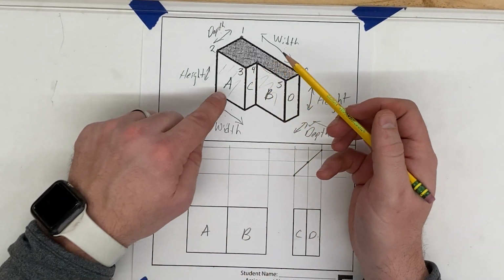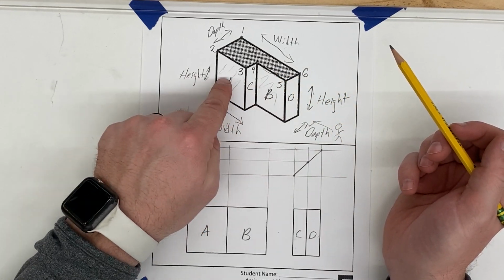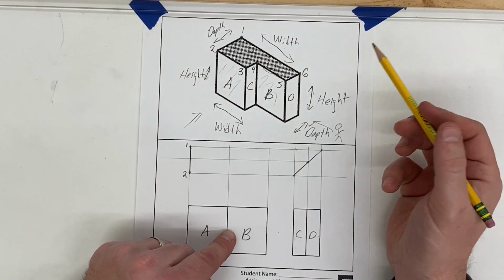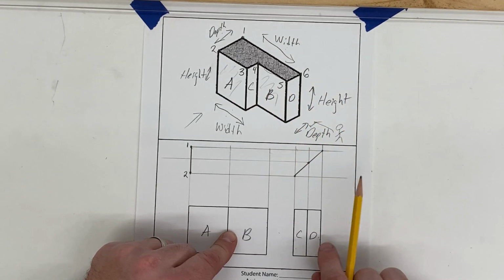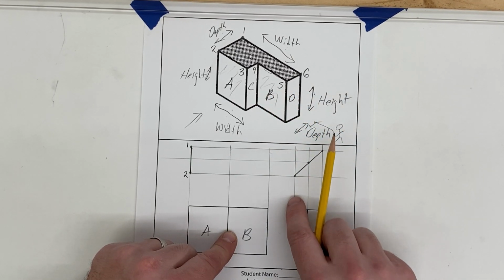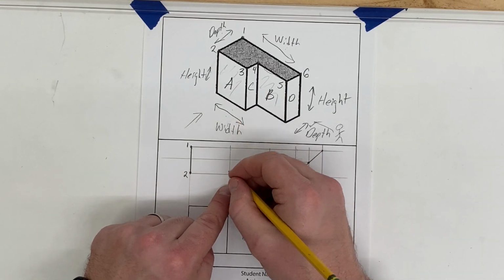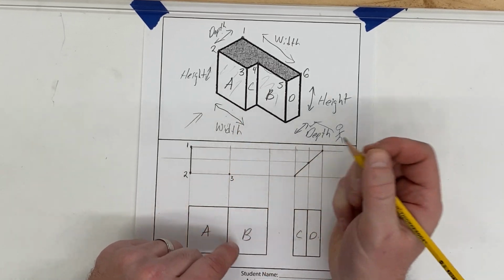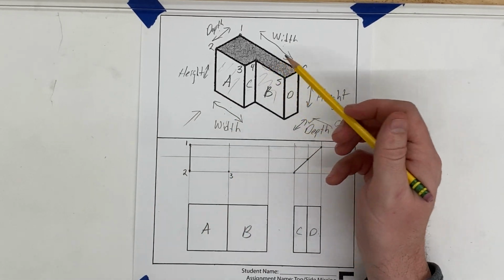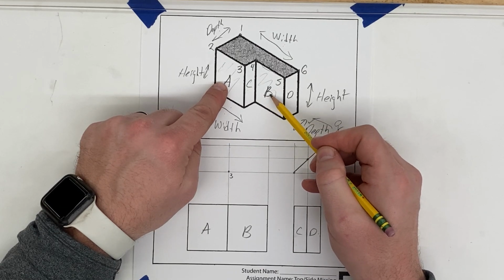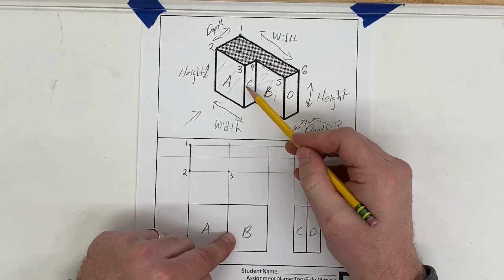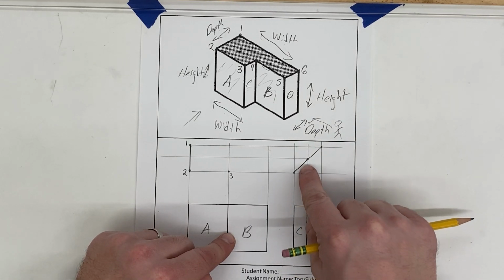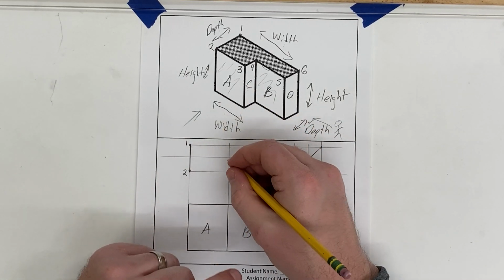3, all right, it's in between A and B. So I go in between A and B, and it's on the left side of C and D. So I go to C and D, my side view, and come across. There's my number 3. Finding 4. All right, it's in between A and B again. So this line, from the side view, is in between C and D. So go up. There's my number 4.